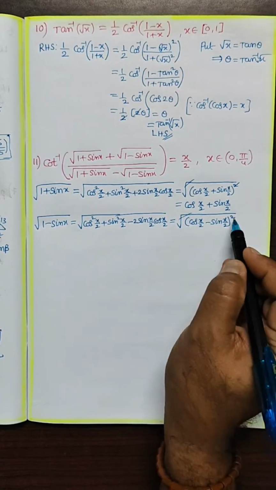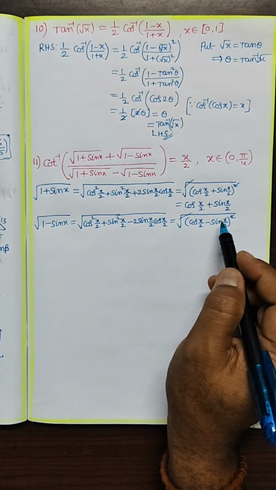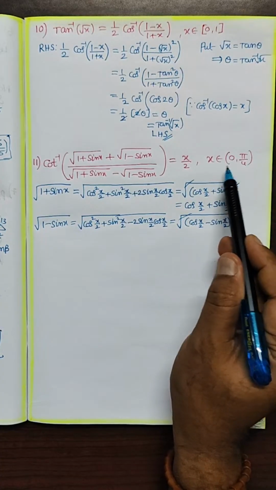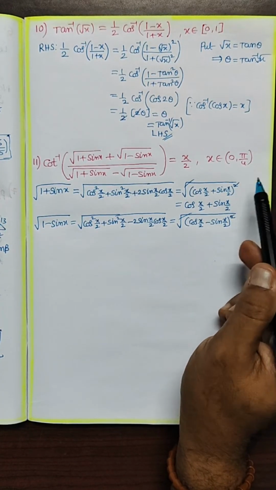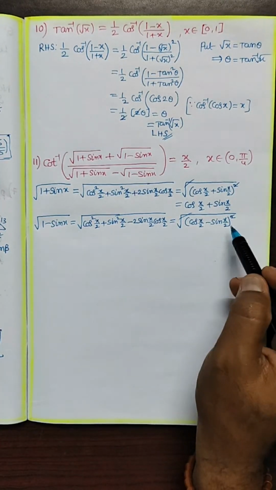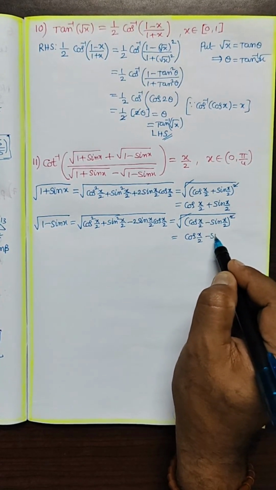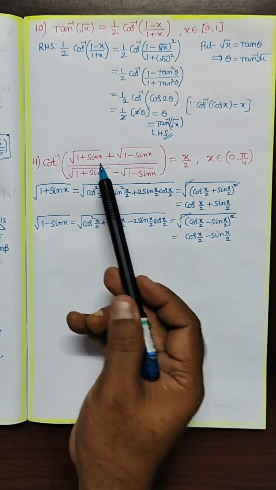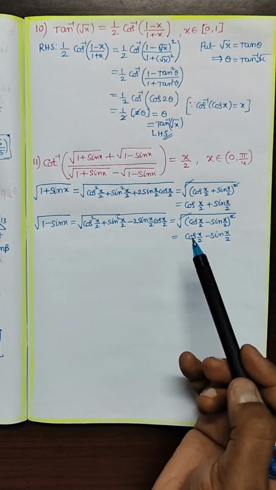Root and square cancel. Remember, x belongs to 0 to pi by 4, so x by 2 is obviously less than pi by 2, which means cos x by 2 minus sin x by 2 is positive. Wherever root 1 plus sin x is there, replace with this value, and wherever root 1 minus sin x is there, replace with this value.